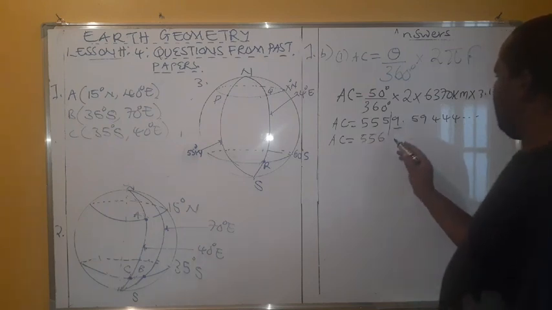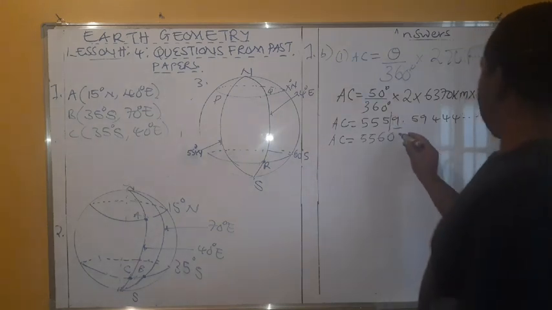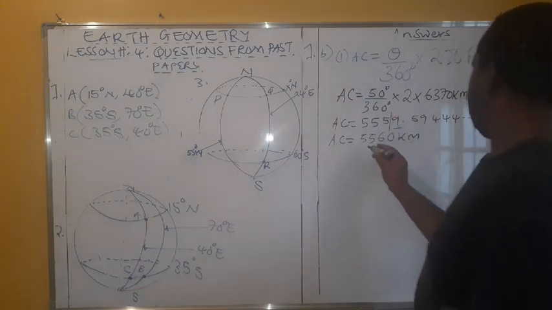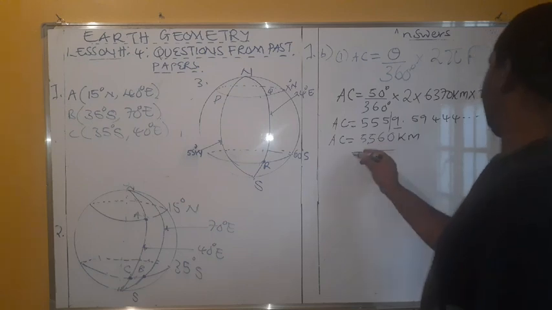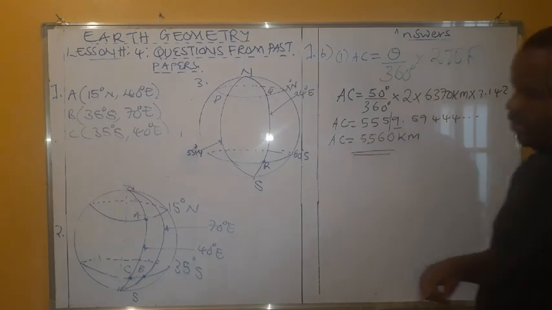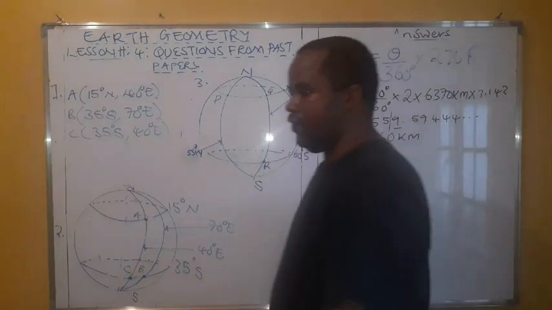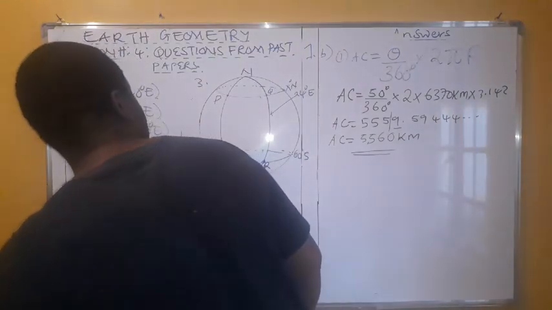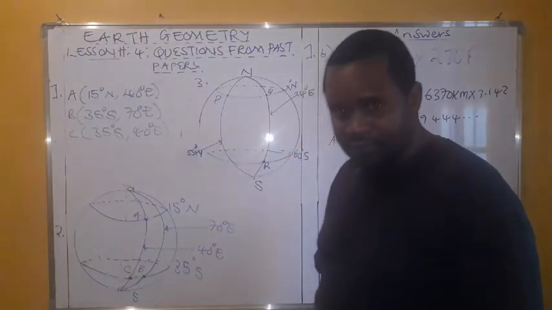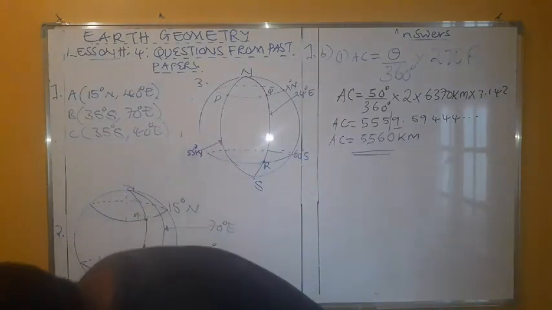But there's one digit before a point, so you fix a 0 here. All right, so that is our distance, 5,560 kilometers. That's the distance that exists between the two with regard to the information that we have been given. I hope we have tried our best to explain that one.